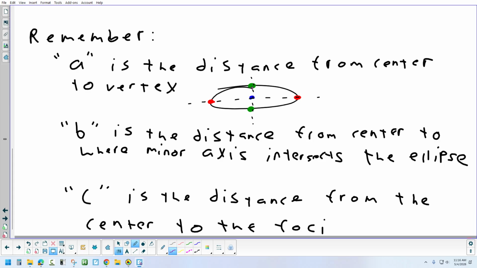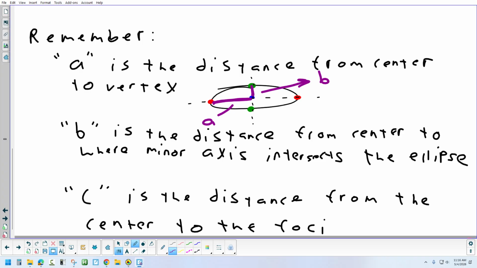So this distance right here, that's B. This distance over here, that's A. A is center to vertex, B is center to where the minor axis crosses the ellipse.